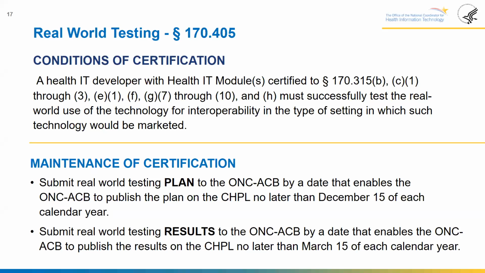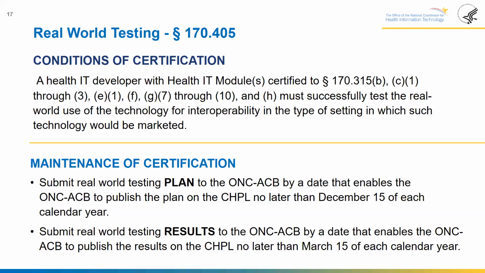So you will see at the top of the slide the condition of certification for successfully testing that real-world technology in that setting, and we put some specific parameters around the criteria that have to be tested.